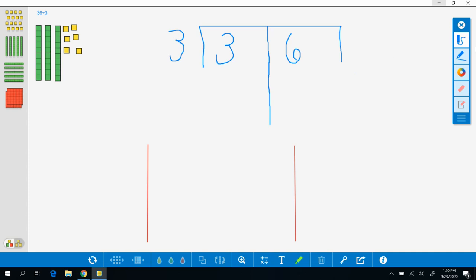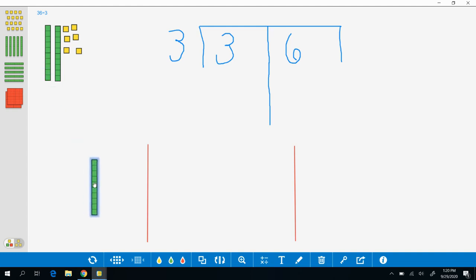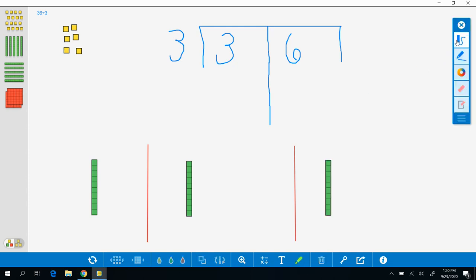All right, so now what we're going to do is we're going to look at our base 10 blocks, and can we split up our tens into 3 equal groups? Well, let's try that. Okay. So I was able to do that, and are there any tens left? No. Okay, so let's go ahead and notate that with this new strategy here.